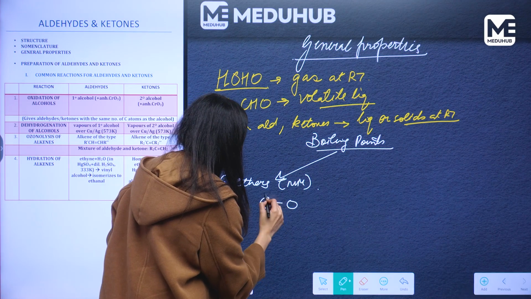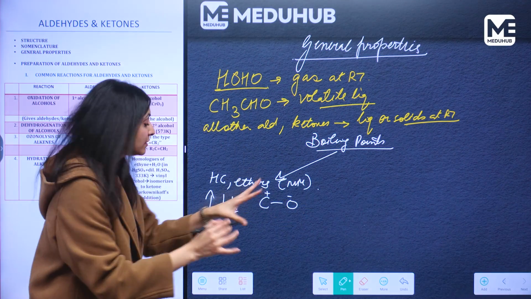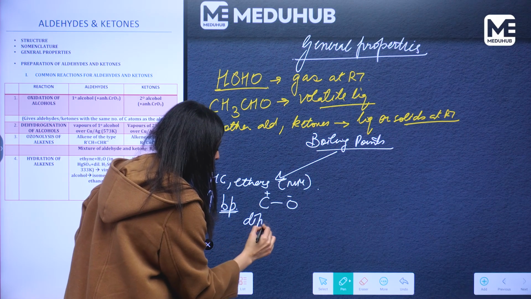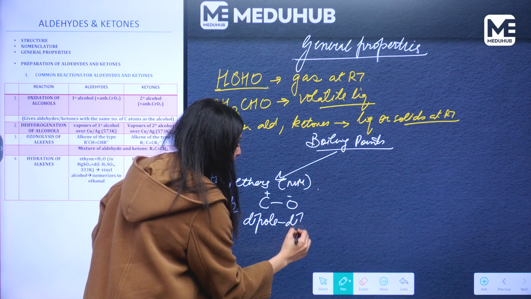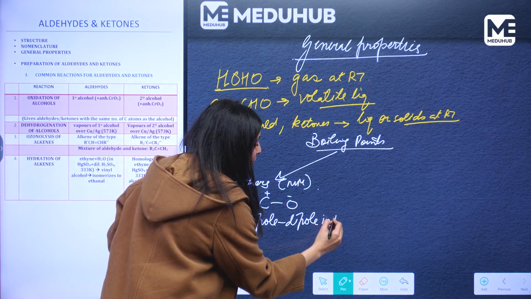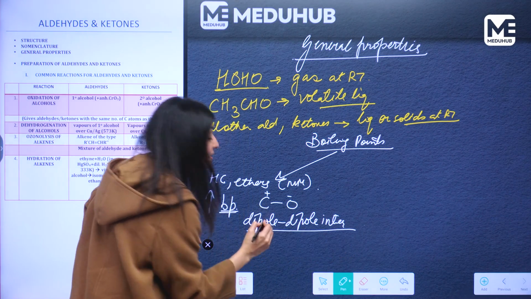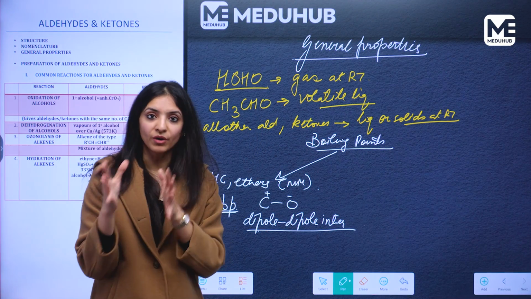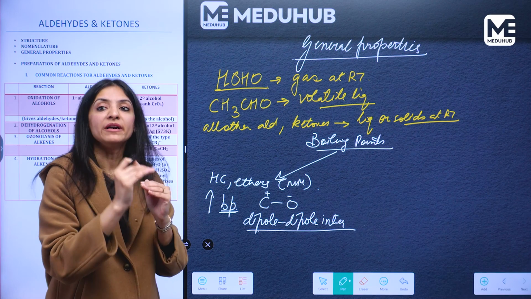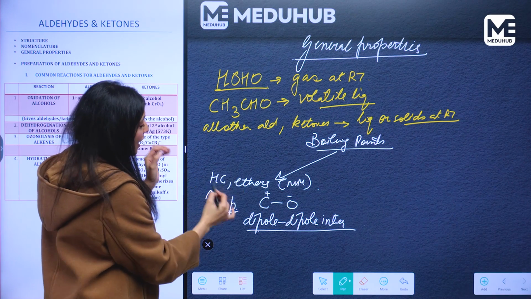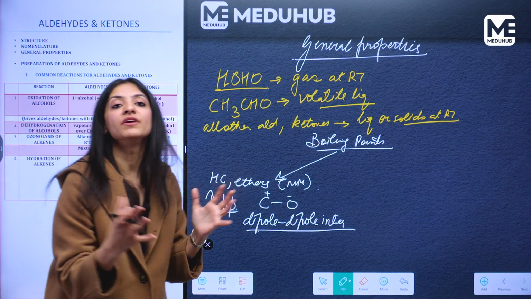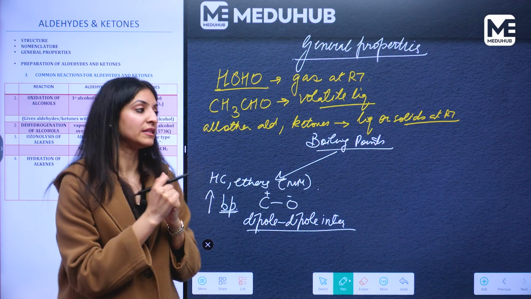Since this bond is dipolar, there are dipole-dipole interactions between molecules of aldehydes or ketones, which makes their boiling point higher compared to hydrocarbons or ethers, which only have weak van der Waals forces of attraction between them.